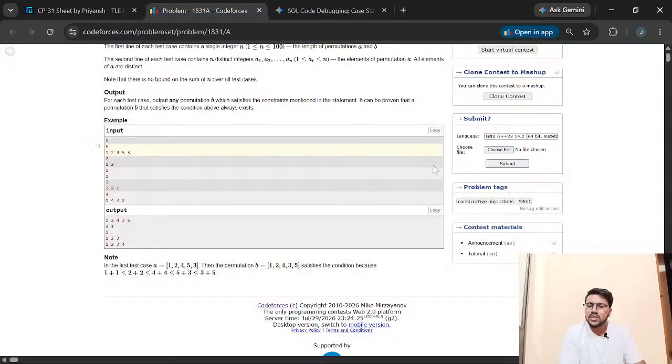Okay, one second chat. If we add the loop in reverse, 1 2 4 5 3, right? 5 4 3 2 1.